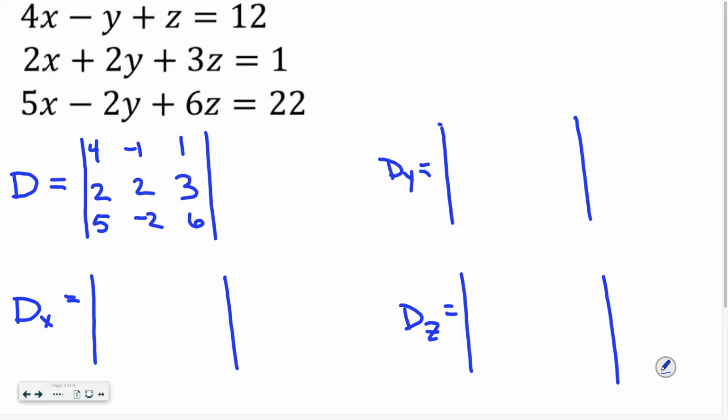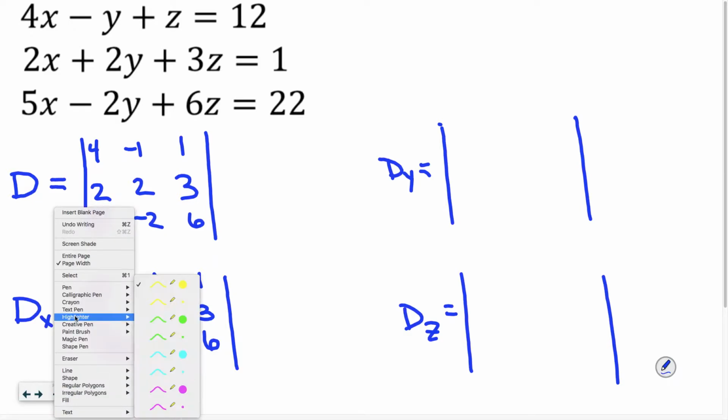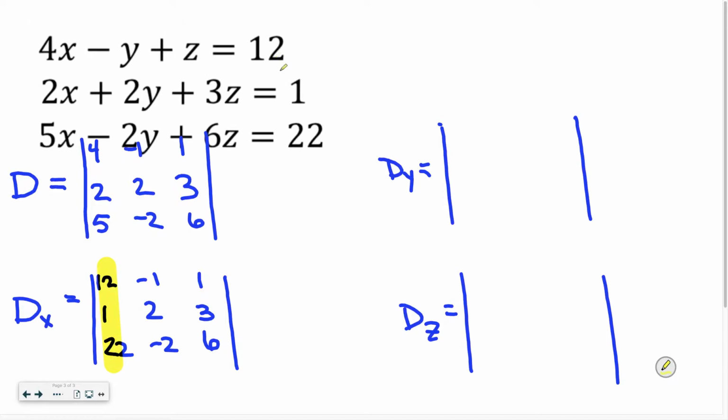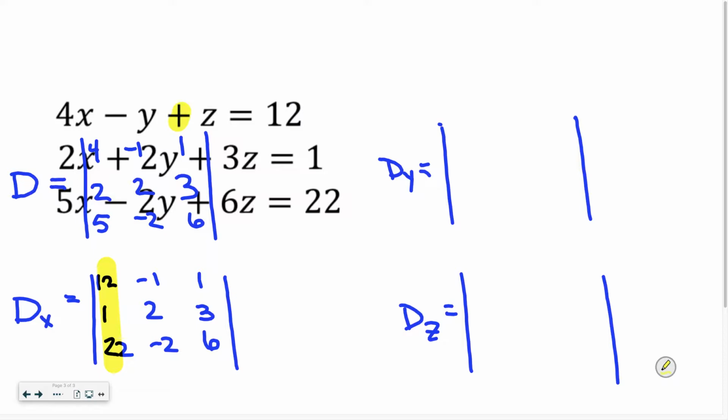Okay? For D sub x, Carly, can you read off your rows for that one? Okay, so notice how the x column, those numbers match up with these, right.